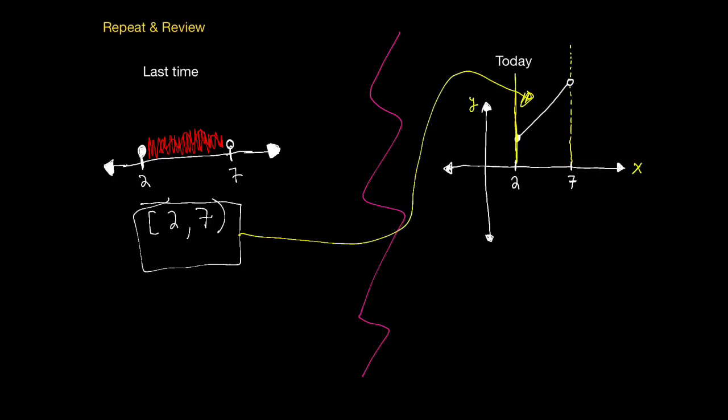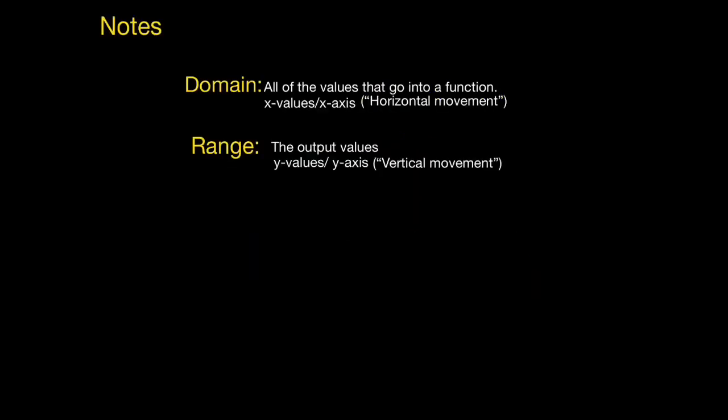So the domain of this graph would be bracket 2, comma 7, parenthesis. So that's the direction we are heading. Let's practice with some examples. Let's begin with this one.